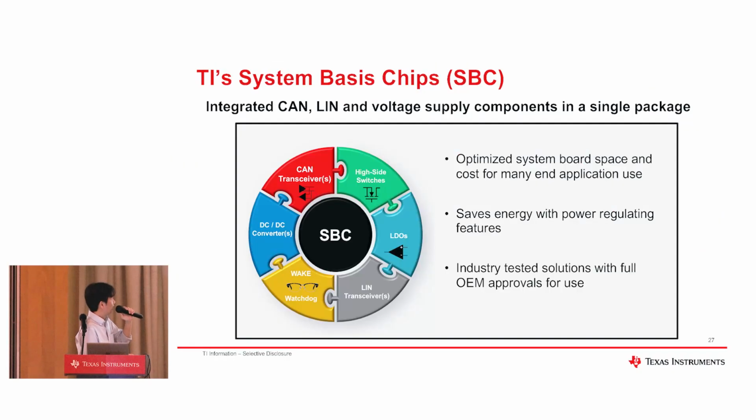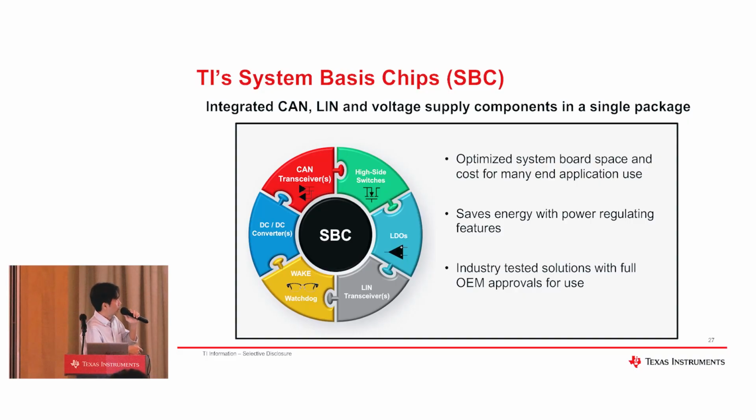Okay, so beside the CAN transceiver, we have the CAN SBC. I think this type of product is quite commonly used in automotive applications, where we integrate many functions into one single chip. Of course, this is CAN, so we have the CAN transceiver. We also integrate a DC-DC converter, maybe a LIN transceiver, and also an LDO and switch inside one single chip.